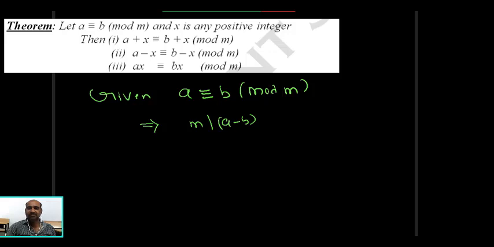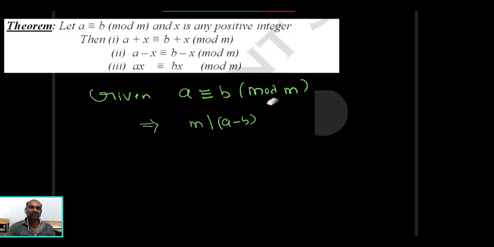Listen students. 2 divides 8, so 2 divides 8 plus 3 minus 3. Still 8 only, no? What I did was add 3, subtract 3. Nothing happened to the value of 8. So 2 divides 8 means 2 divides 8 plus 3 minus 3. True only.